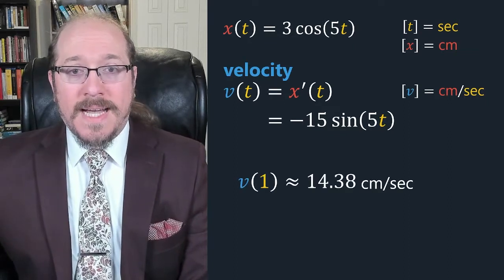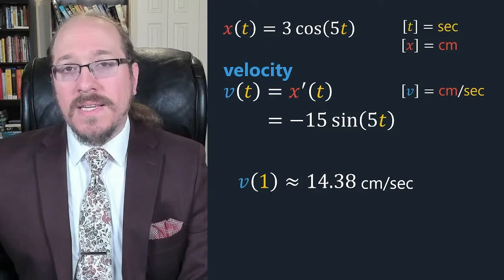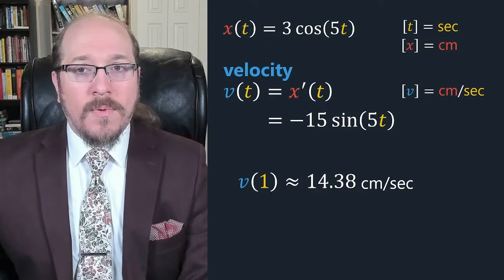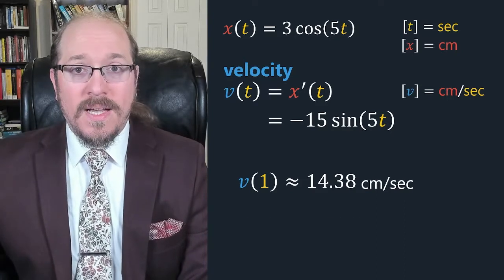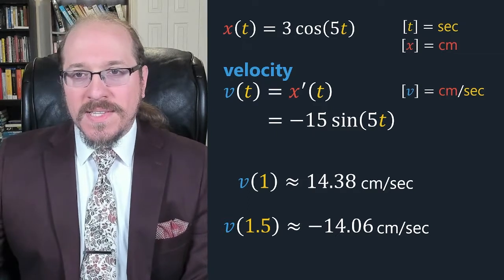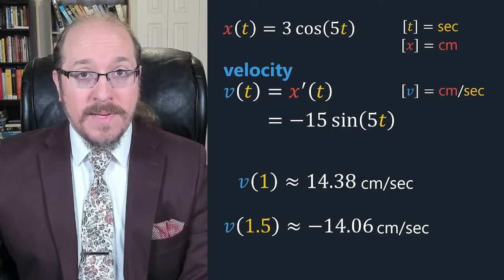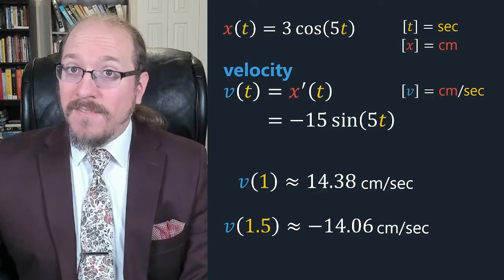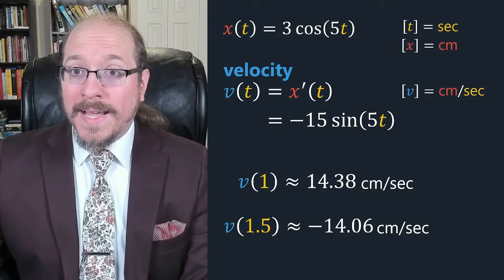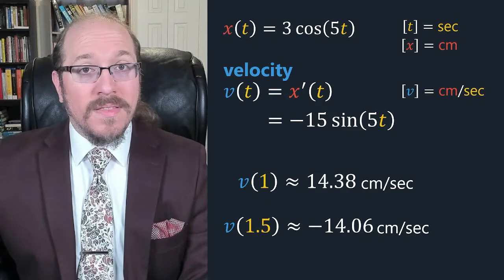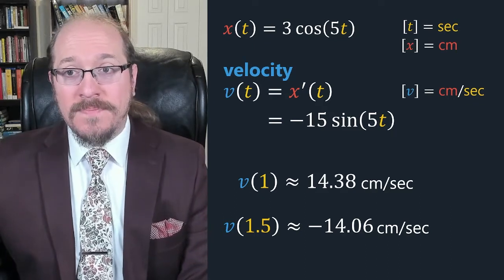So for example, at t equals 1 second, the velocity of the spring is about 14.38 centimeters per second, while at t equals 1.5 seconds, the velocity is about -14.06 centimeters per second. That's right, velocity can be positive or negative, since it indicates both the speed and the direction.